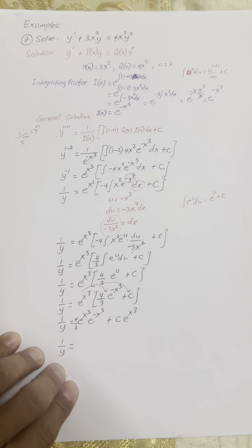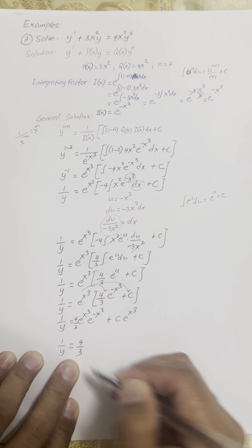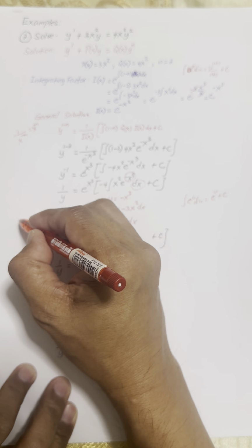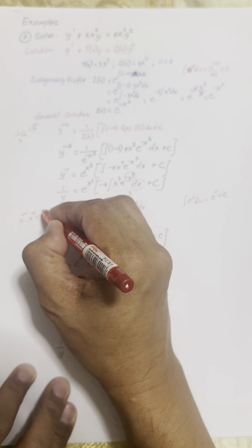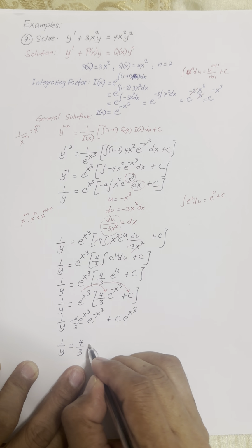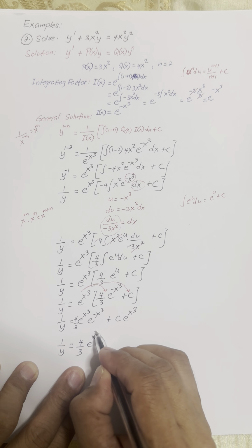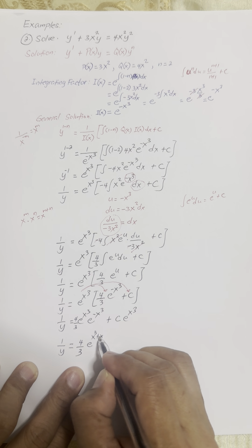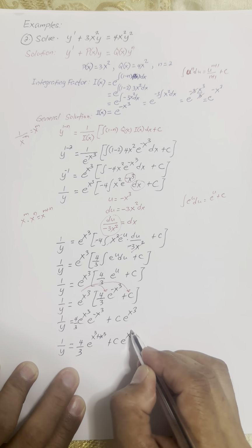What will happen if we combine these two? They have the same base. From the law of exponents, x to the power m times x to the power n is equal to x to the power m plus n. They have the same base e, so you just add the exponents. We have x cubed plus minus x cubed, and plus c times e to the x cubed.